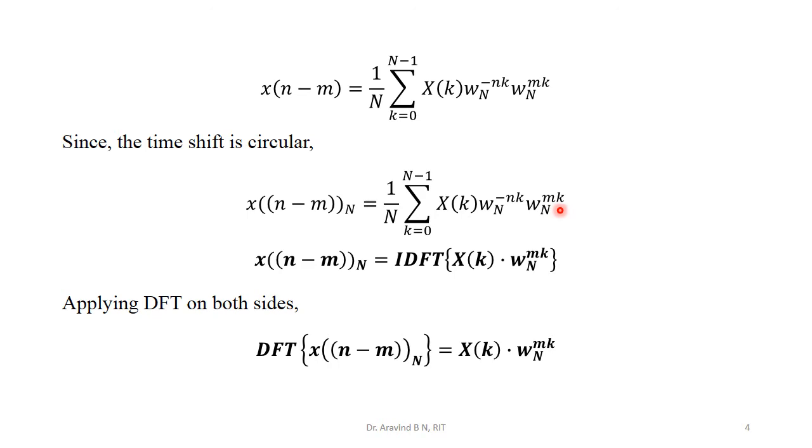Therefore, in complete we can represent this as the IDFT of X of k multiplied with omega N to the power mk. Therefore, we have this expression: x of n minus m with respect to N will be equal to IDFT of X of k into omega N to the power mk.